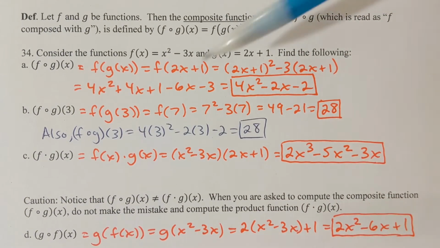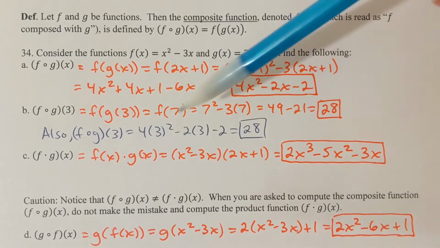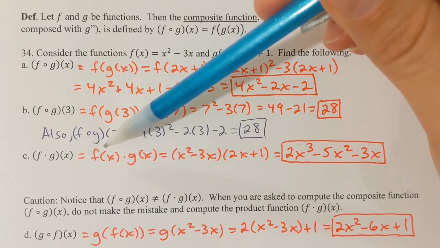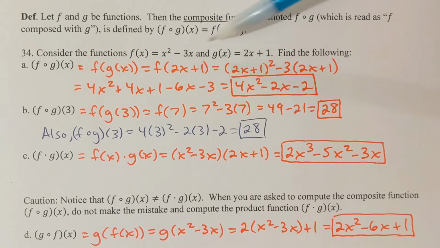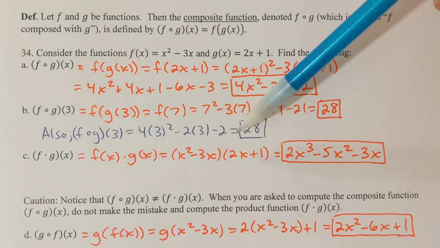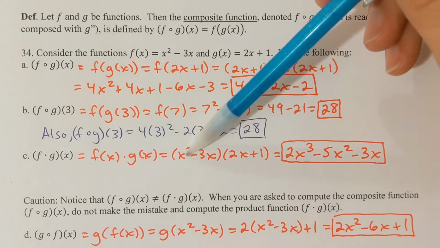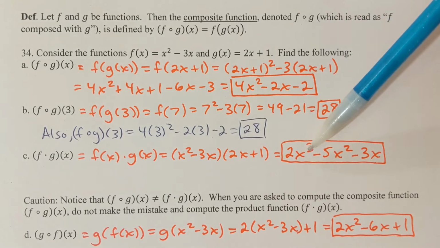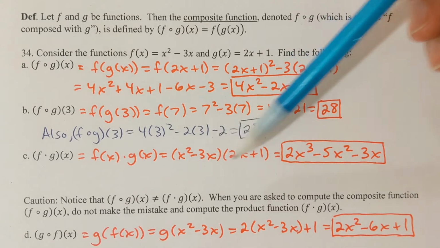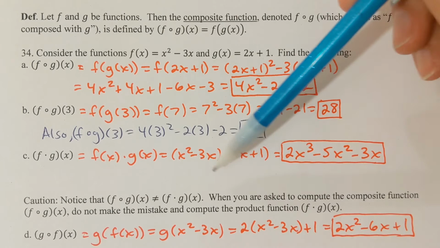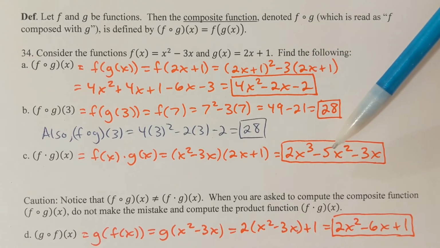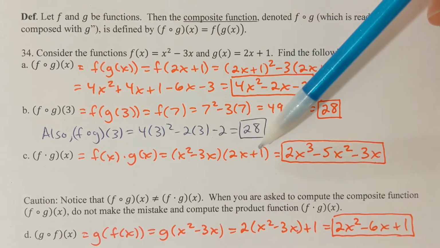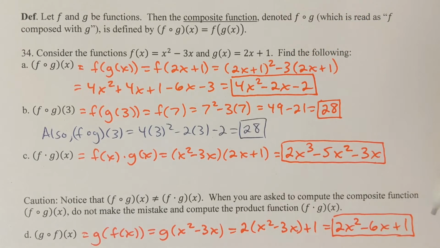So like in part C, just to show you these are different, I'm going to go ahead and compute the product function. F of x times g of x means I just multiply these two expressions. I'd have to FOIL it out here. So x squared times 2x, that's 2x cubed. The outer terms, that'd be, and the inner terms, I'd be adding x squared minus 6x is a minus 5x squared. And then negative 3x times 1 is a minus 3x at the end.